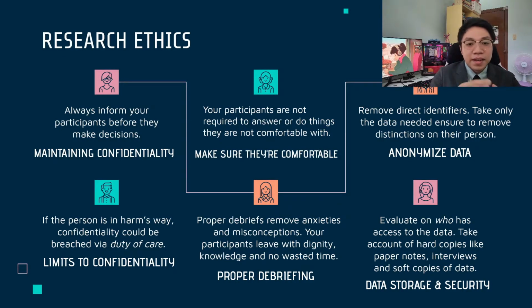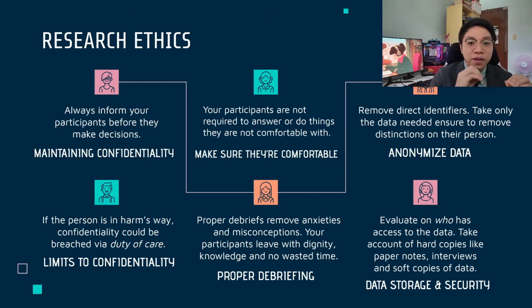And finally, when analyzing this data, we have to anonymize this data. We remove direct identifiers that may identify certain traits of our participant, and we only take the data that we need to ensure that we remove any distinctions for the person.